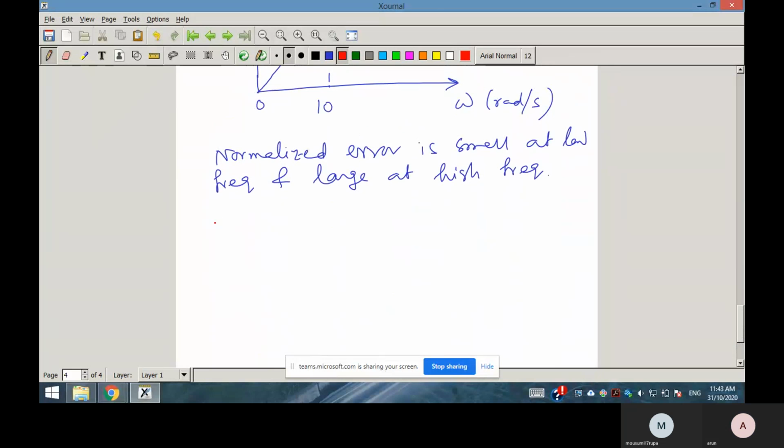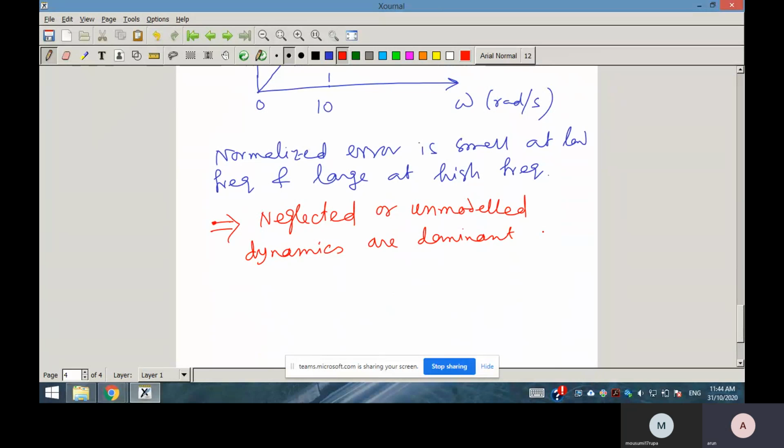The conclusion is this will imply that neglected or unmodeled dynamics are dominant at high frequency.